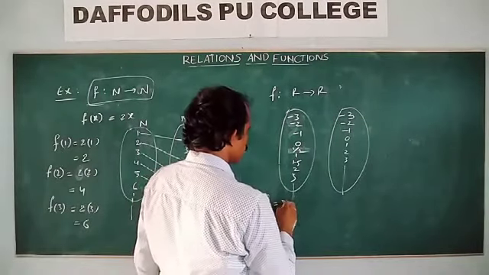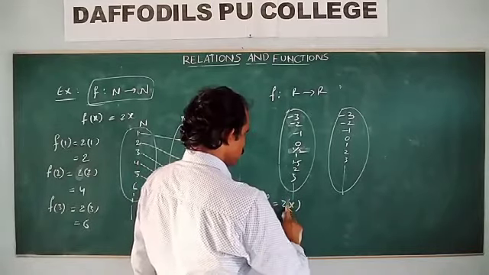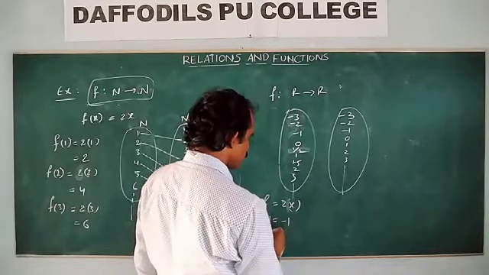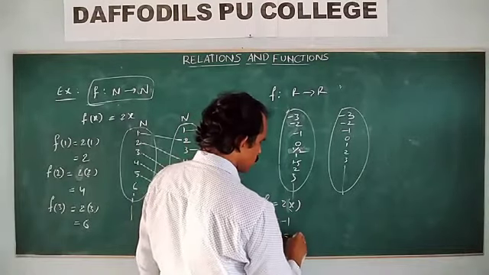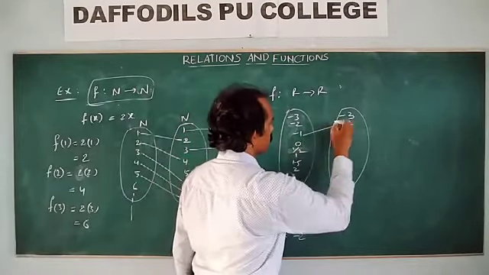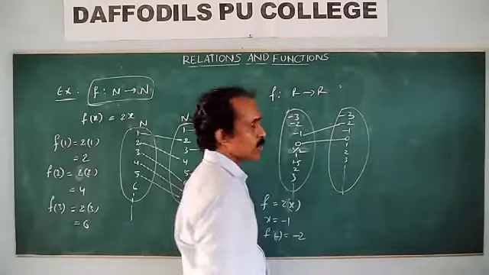Same, f of x is equal to 2x. If x is equal to -1, what is f of -1? The answer is -2. For 0, it is 0.